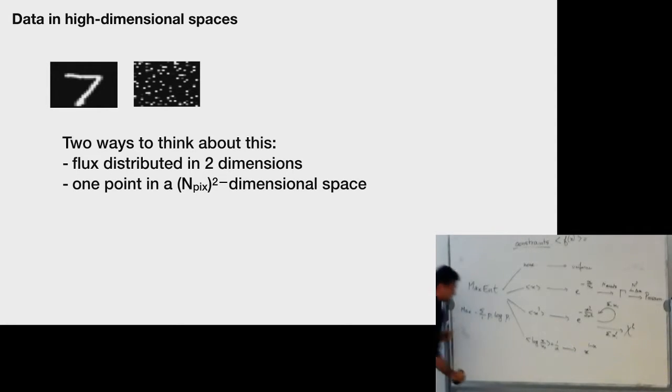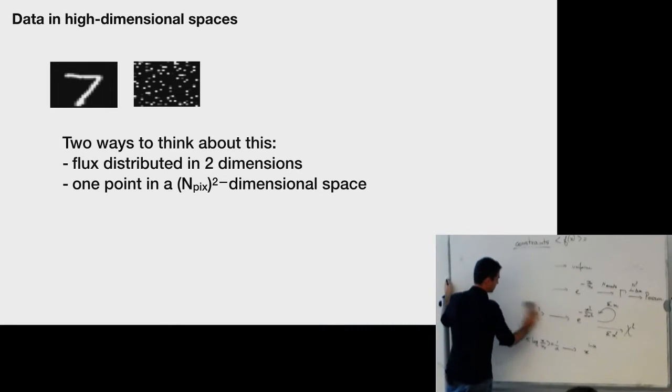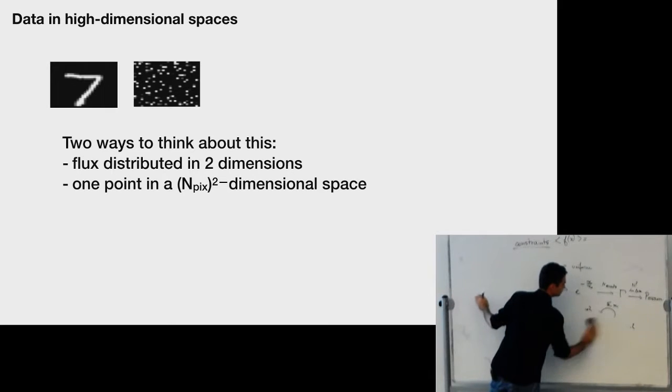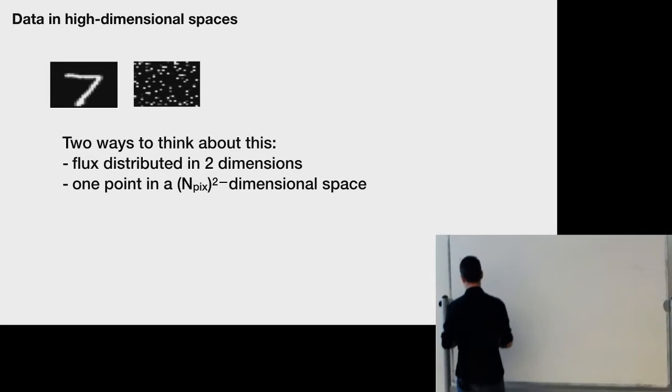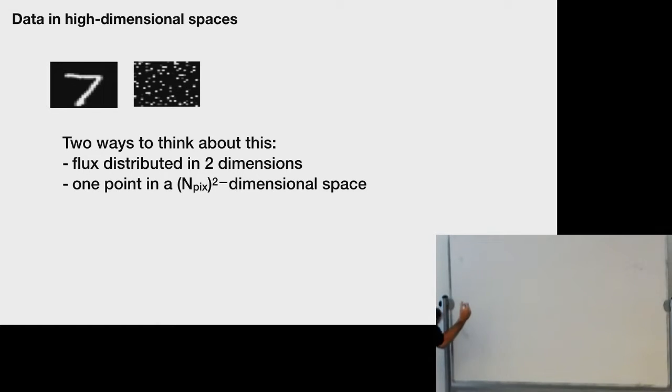Now, if we think about an image as the second possibility, and we have lots of images, each image is going to be one point in this high-dimensional space. We have lots of images, so we are going to have a cloud of points. And what we can do is look at the properties of these clouds of points. All right, so I have some high-dimensional space.